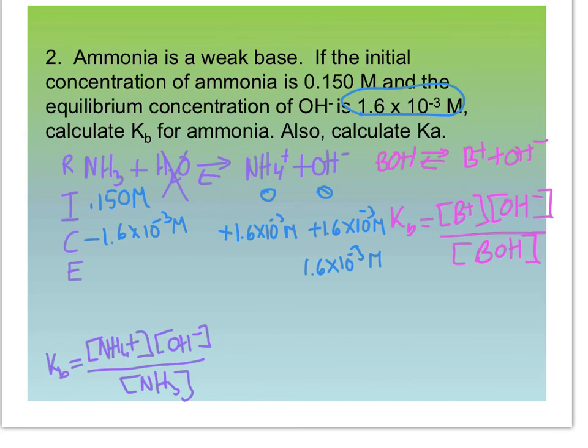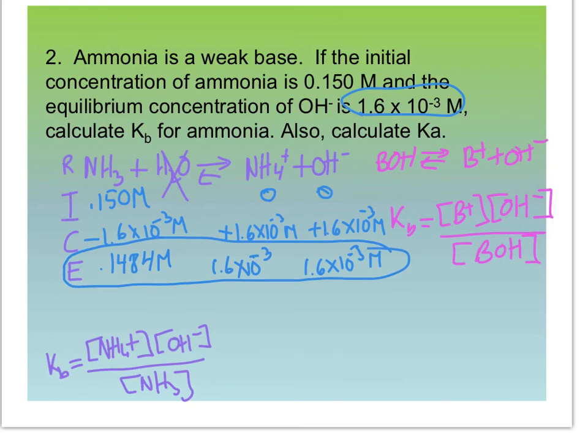So for this one, you get 0.1484 molar. For this one, you get 1.6 times 10 to the negative third molar. Now that I have my equilibrium concentrations, I can plug these in to my Kb expression, because this is always at equilibrium.